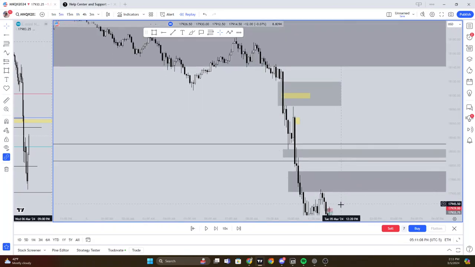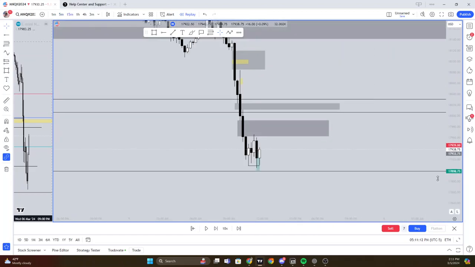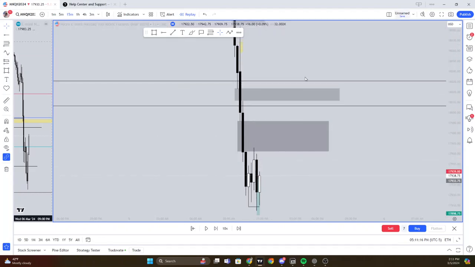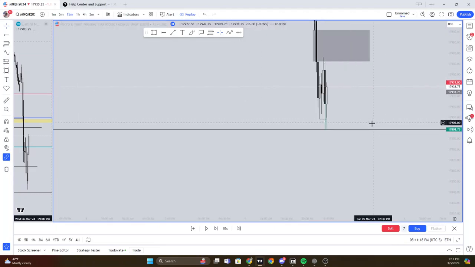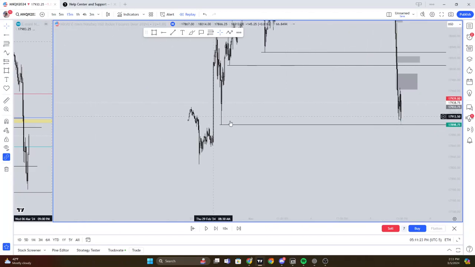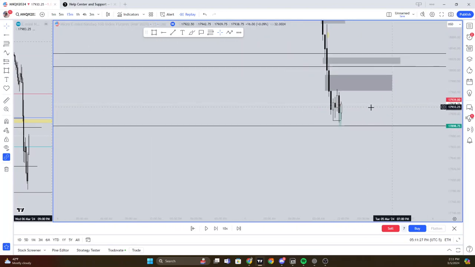Okay, so I had the entry basically on the 15-minute. On the 15-minute chart, we had this big displacement down, and also we had a retrace up to this fair value gap before this liquidity got taken out. This was a major one I was looking for today to target.